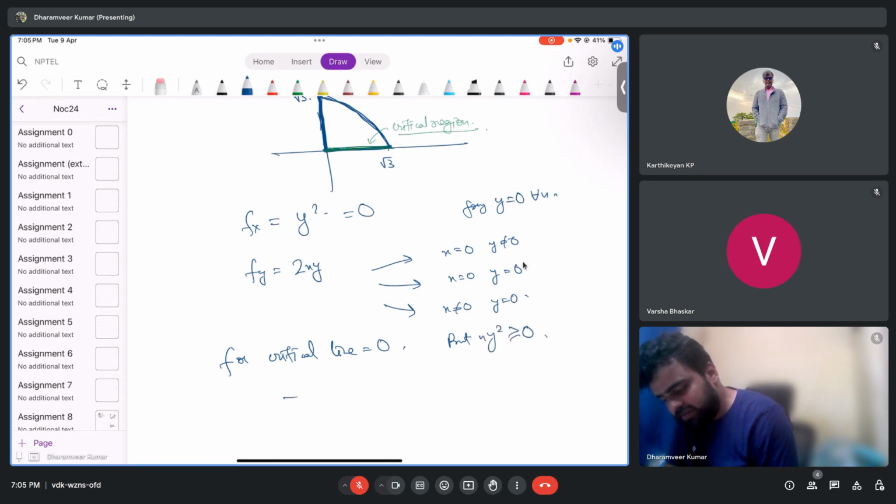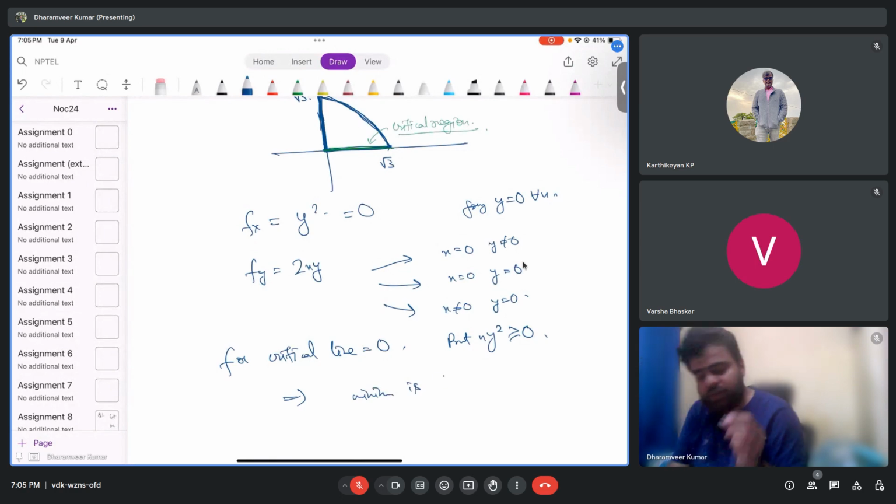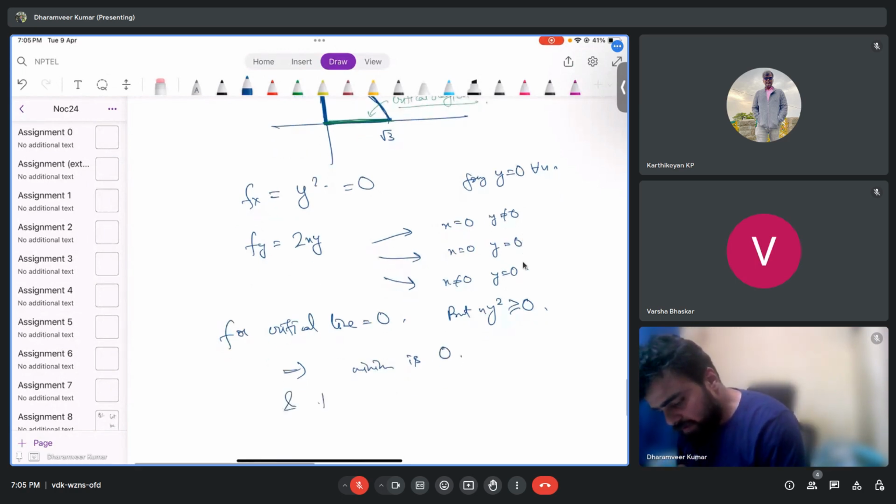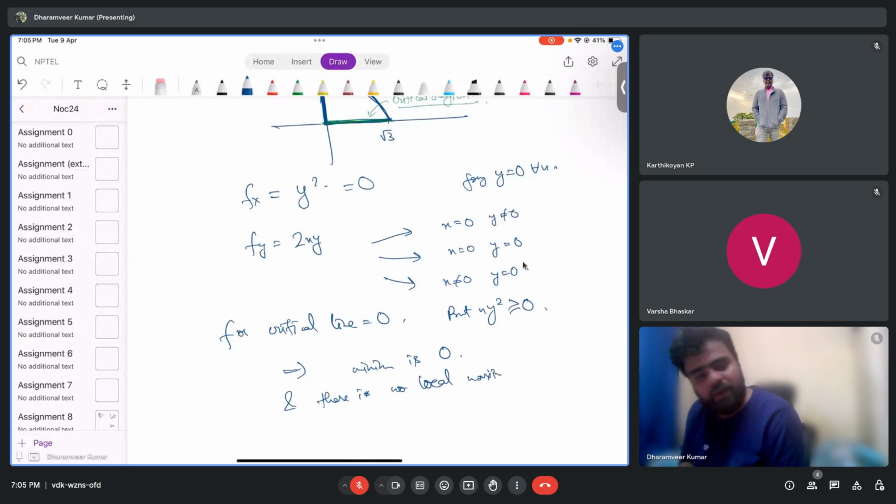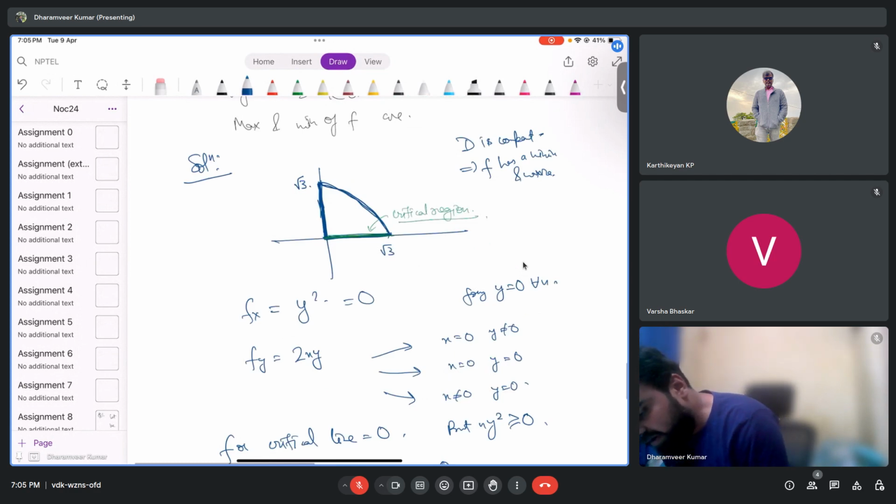That implies the minimum is 0 and there is no local maxima, hence the max lies on the boundary. What about this boundary?